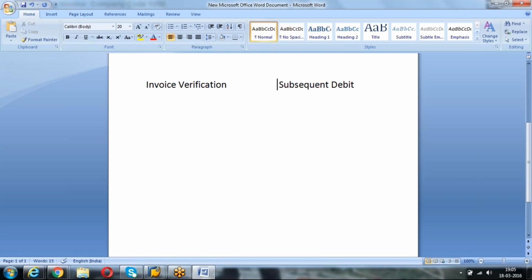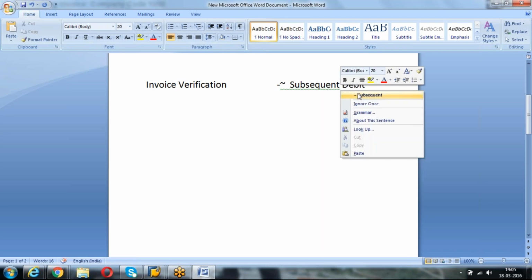Invoice verification will be created whenever you want to pay the money to the vendor, and subsequent debit also will be useful whenever you want to pay the amount to the vendor. That's why I can say both are almost equal. The behavior, the nature will be equal.